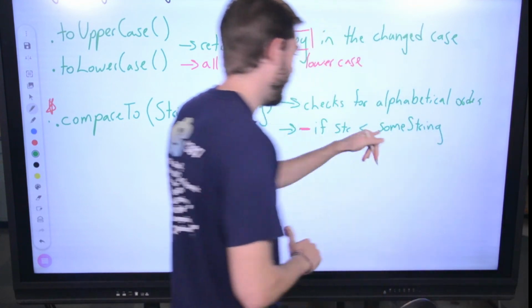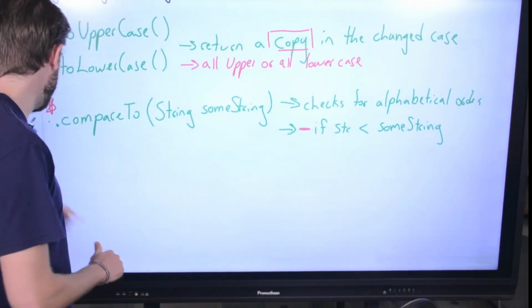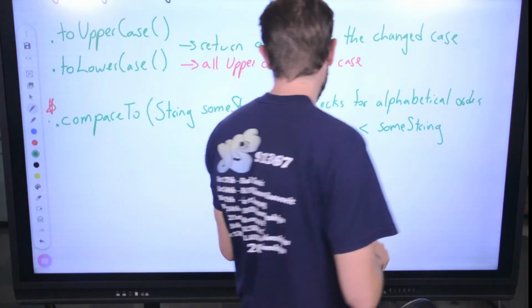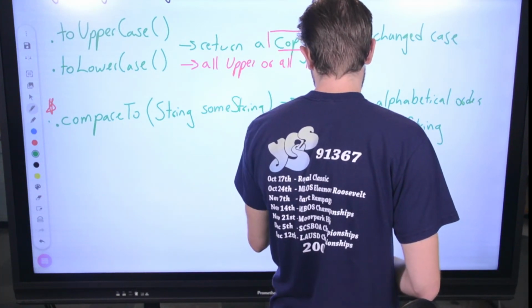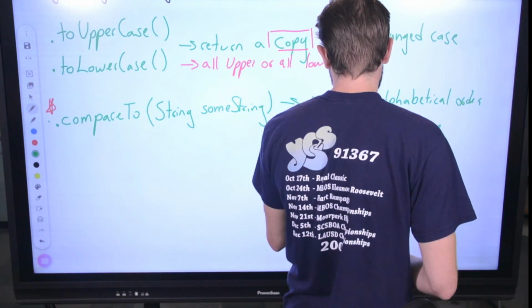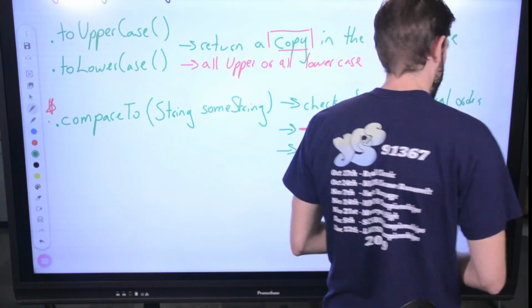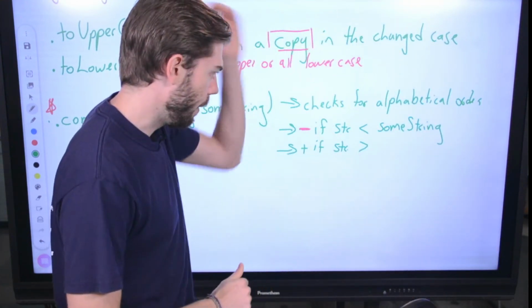Okay, go ahead and expand that in your notes however you need to. And it's also going to return a positive number if our string is greater than, or has a higher value than, substring.